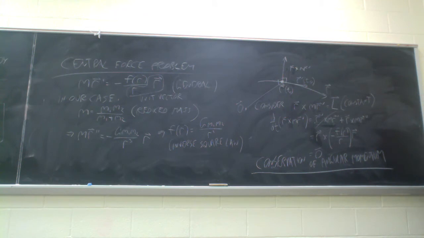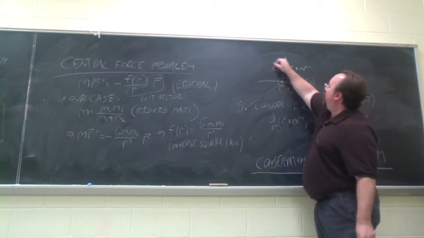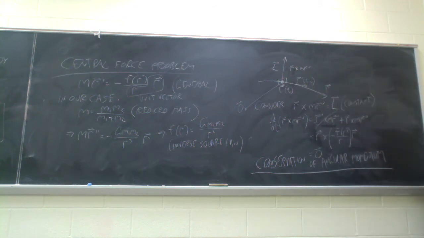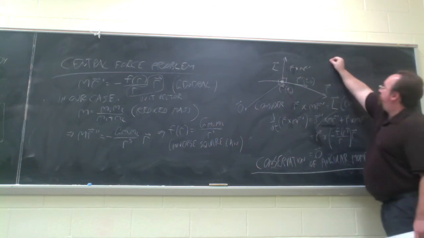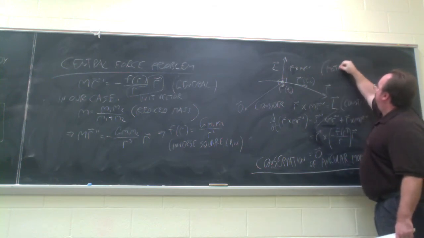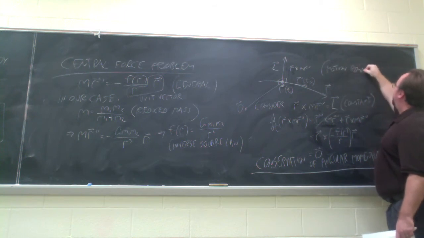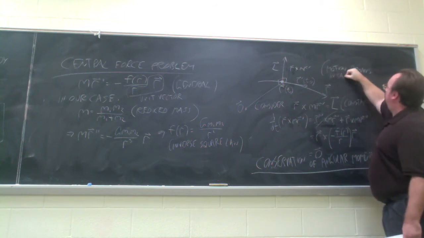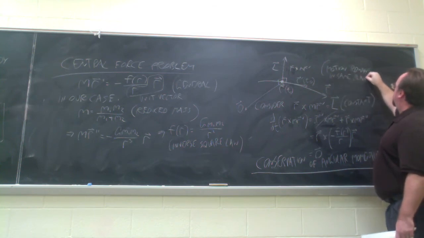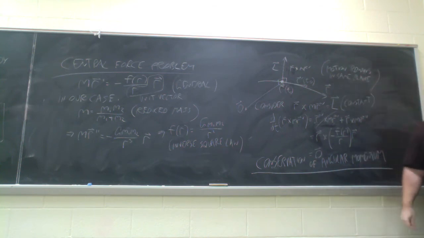Now, what does that mean? So this vector L, no matter where the object is going, is pointing in the same direction, same magnitude, same everything. So the motion of this two-body system remains in the same plane.